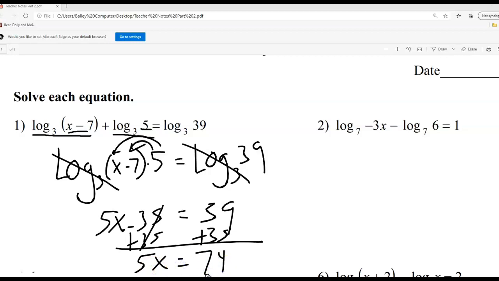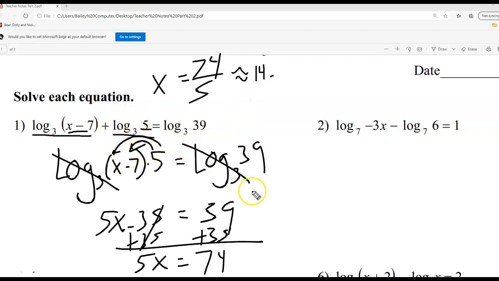Dividing both sides by 5, I would get x equals 74/5, and that's approximately equal to, let me get a calculator out, 14.8-ish. It's pretty close to 14.